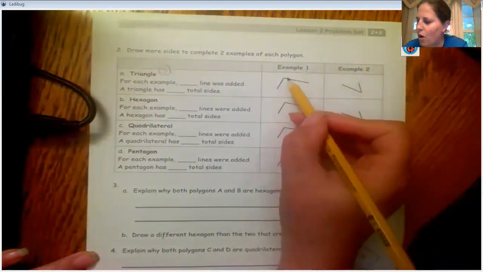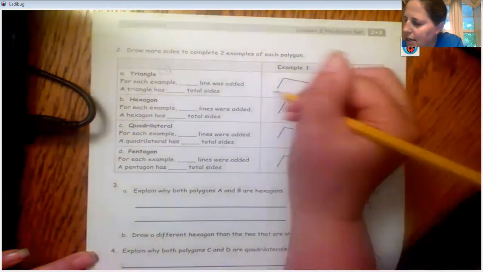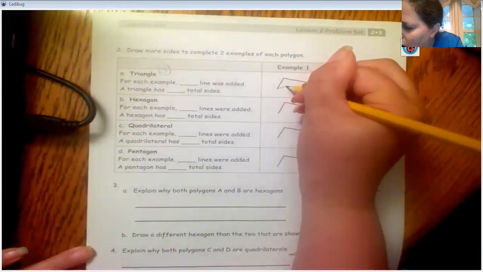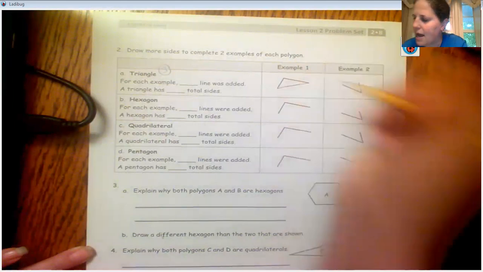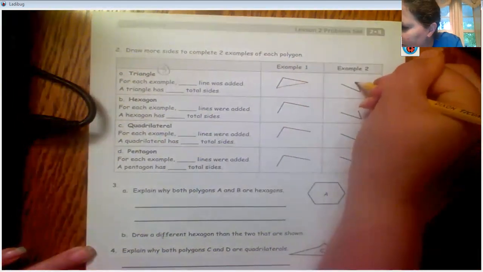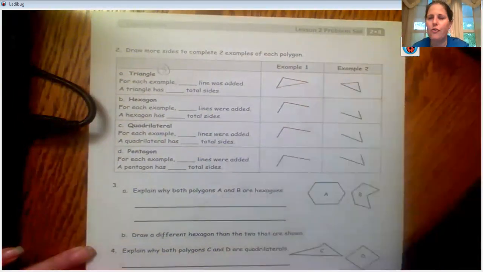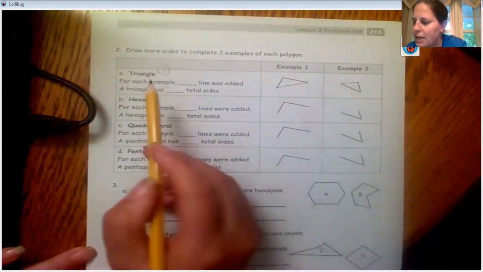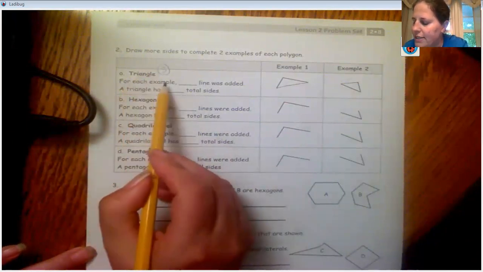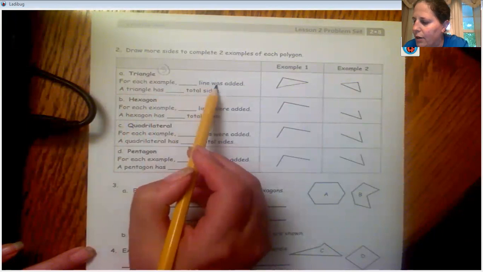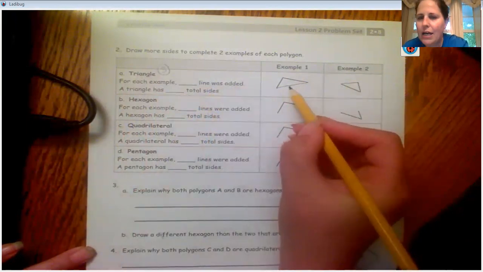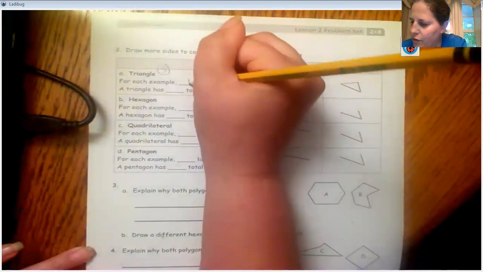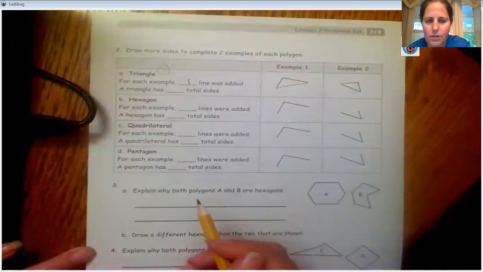So I see 1, 2 sides. I need to draw the 3rd side for each of these examples to create triangles. It says for each example, blank line was added. Well, I added 1 line to each of my examples.